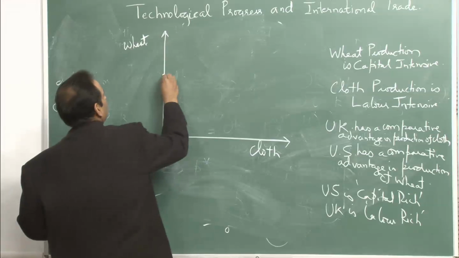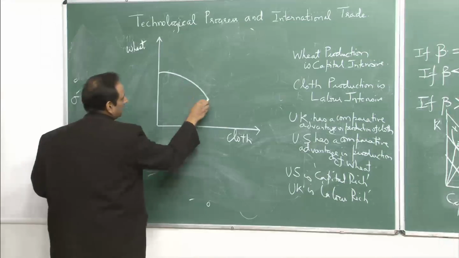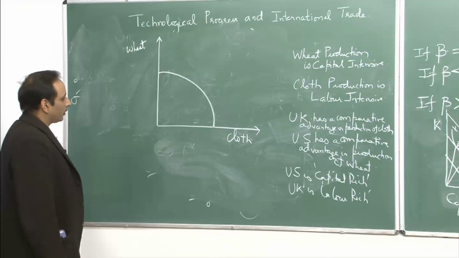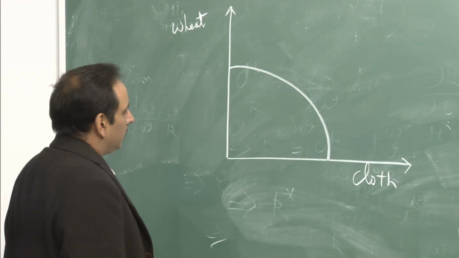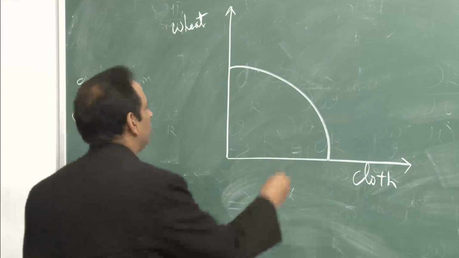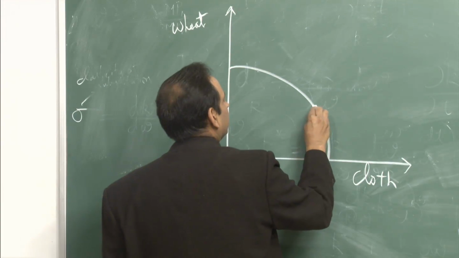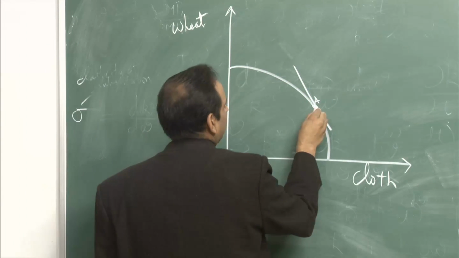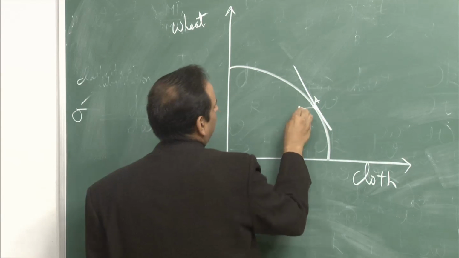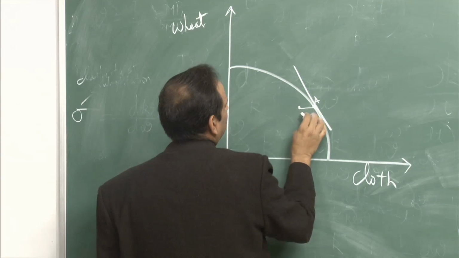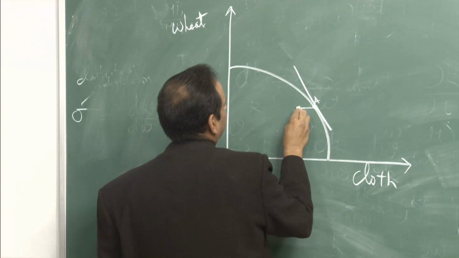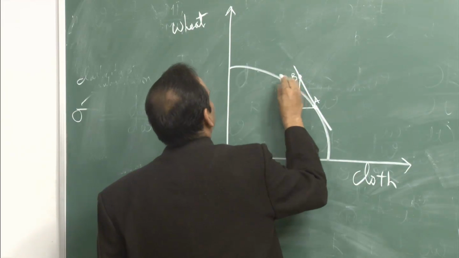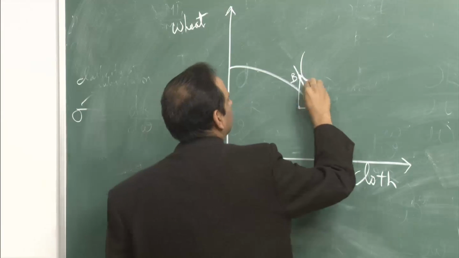So, I will draw the PPF, this is the PPF. So, this country is say at point A at autarky. It is exporting this much of cloth, importing this much of wheat.